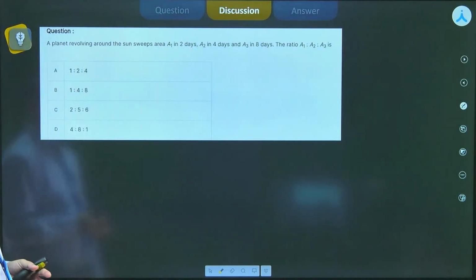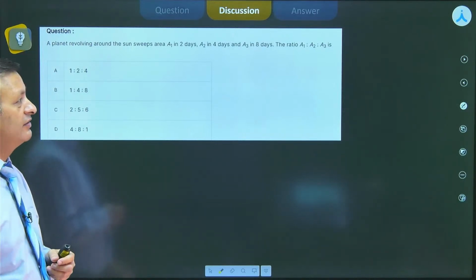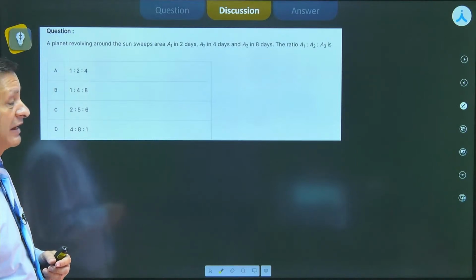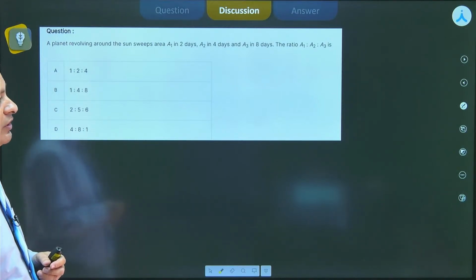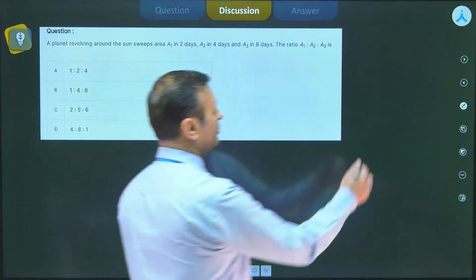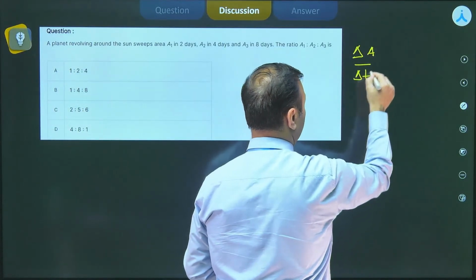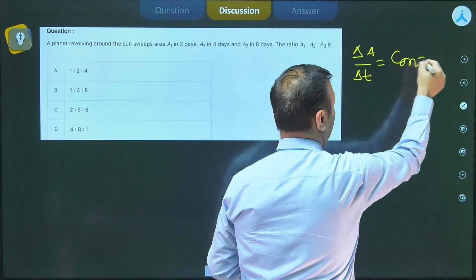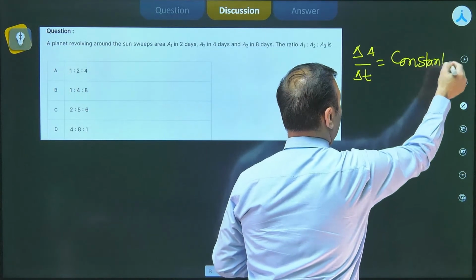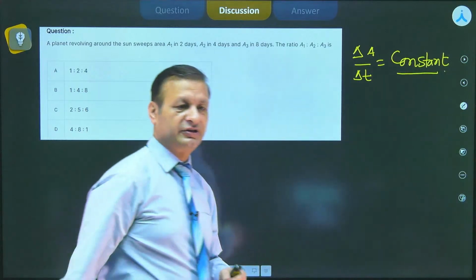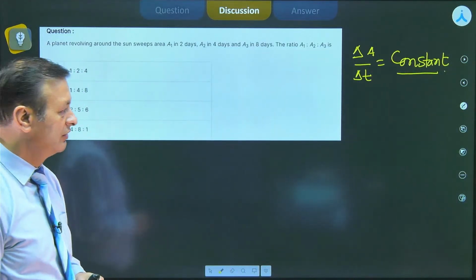Now, a planet revolving around Sun sweeps area A1 in 2 days, A2 in 4 days, and A3 in 8 days. The ratio of A1 to A2 to A3. Your law says areal velocity remains constant. This is what we have understood.